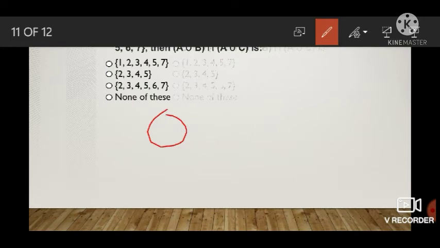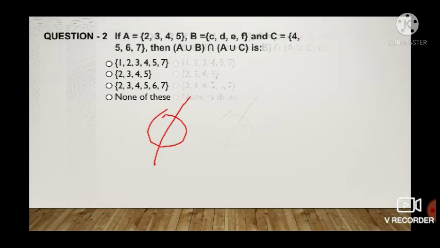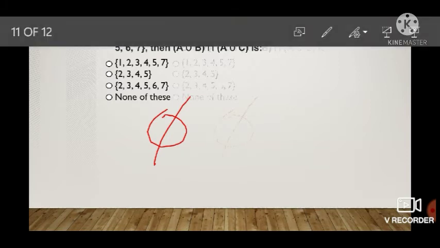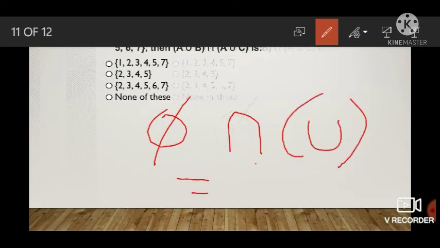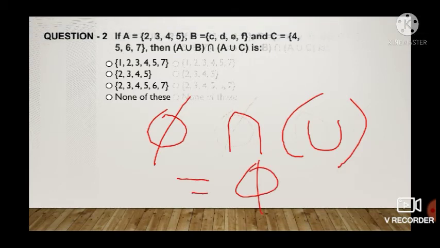Phi means nothing, the null set. You should know about this; we have read it in detail before, in operations on sets. So A union B will be null, and null intersection A union C is also null, because the intersection of the null set with any set, even the universal set, is the null set.